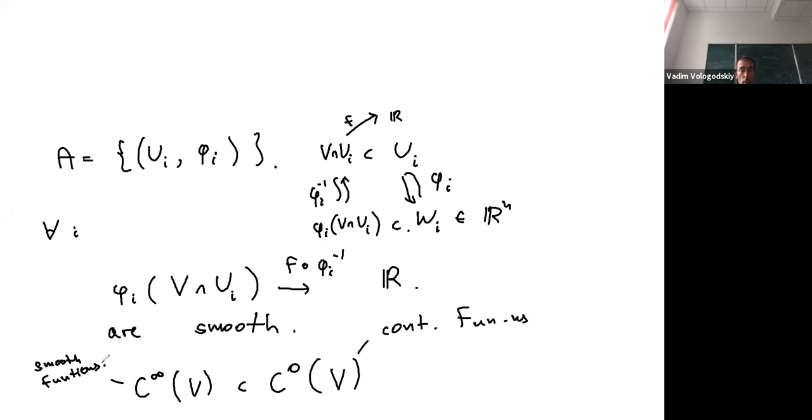In fact, this is the most important attribute of a smooth structure, which determines the smooth structure uniquely. If you know which continuous functions on M are smooth, then you know the smooth structure.